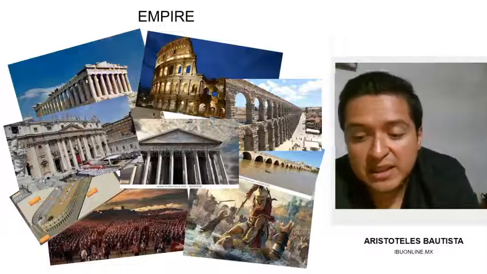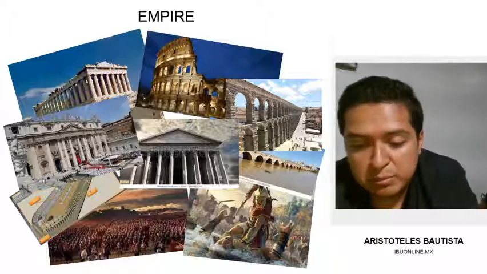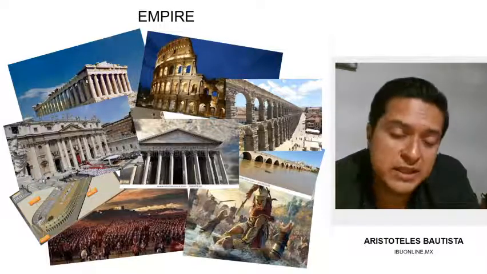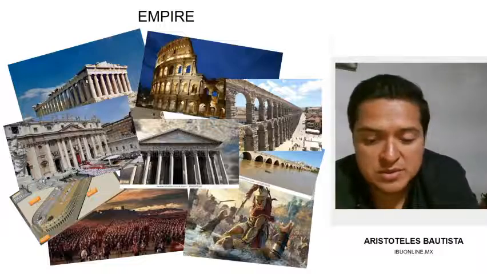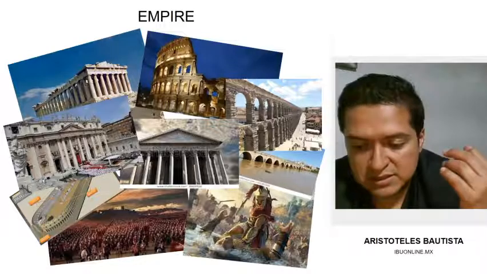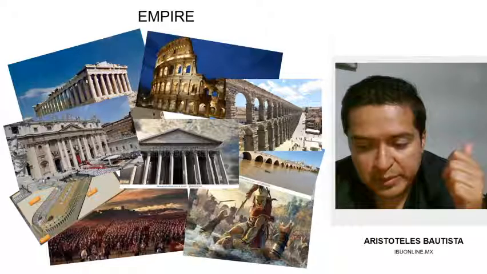So their society was divided into patricians and commoners, the first being the oldest families, and then there were the slaves. So there exist three types of divisions. I repeat, the first one is patricians, the second one commoners.